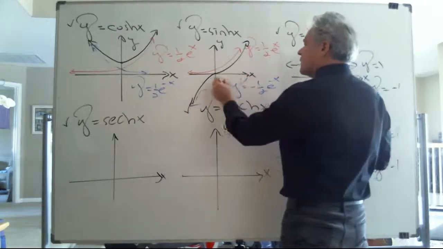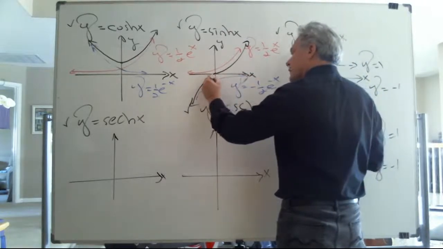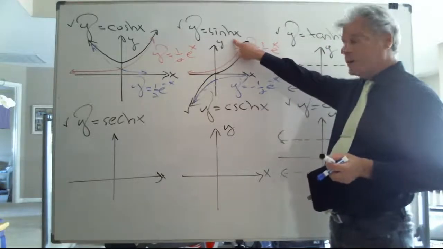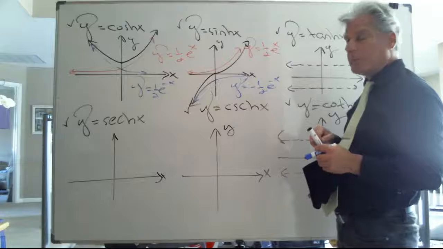And that will represent the graph of my hyperbolic sine function because the output of this function we already defined as a sum of these two outputs.